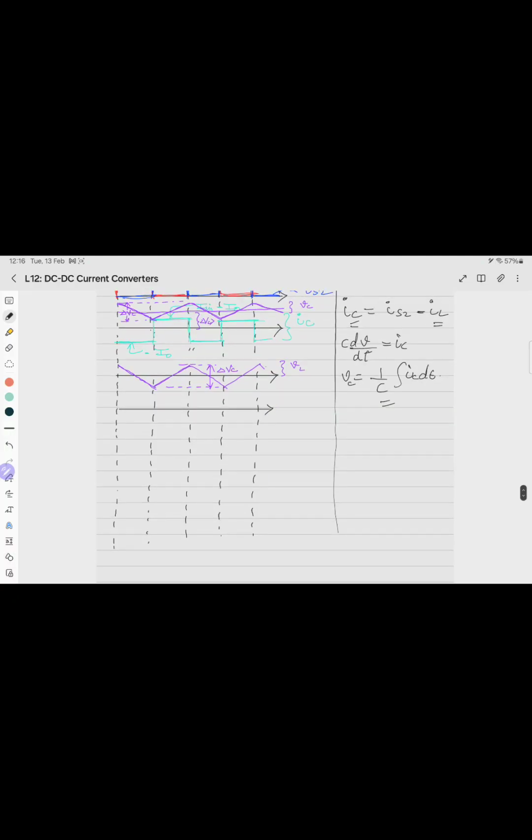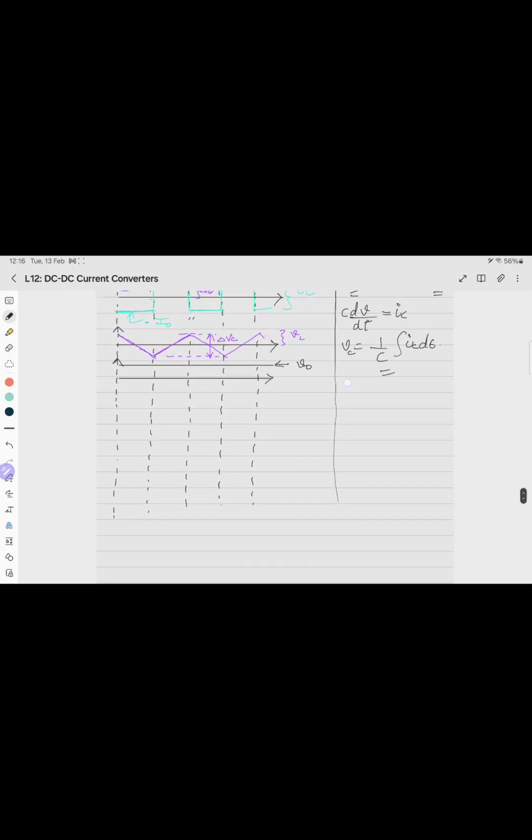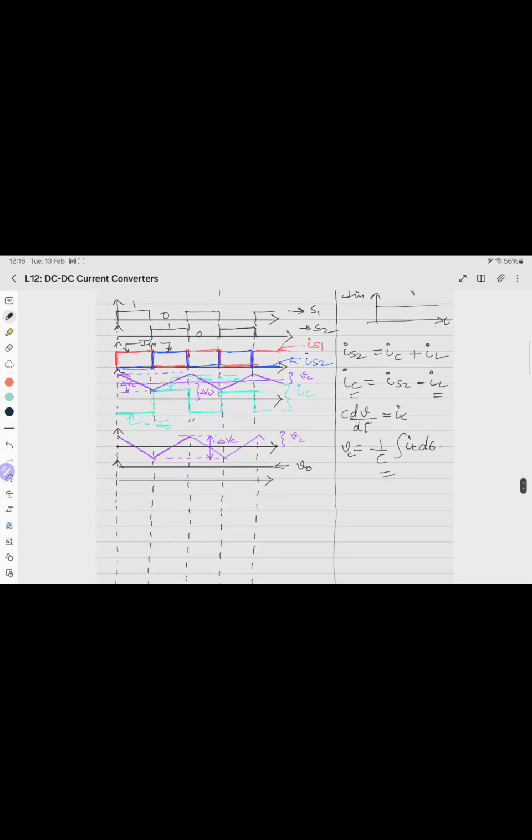So this waveform belongs to V0. Vc is here, VL is here, and V0 is here.